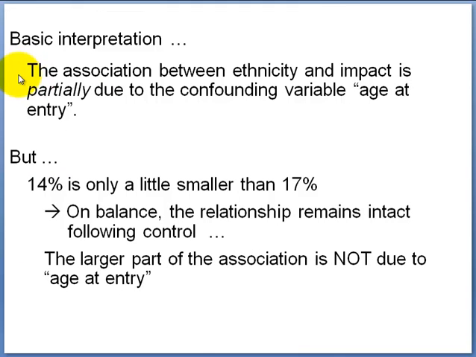So interpreting this data, because the relationship is weaker within the subgroups than in the full sample, what we would conclude is that the association between ethnicity and impact is partially due to the confounding variable age at entry.